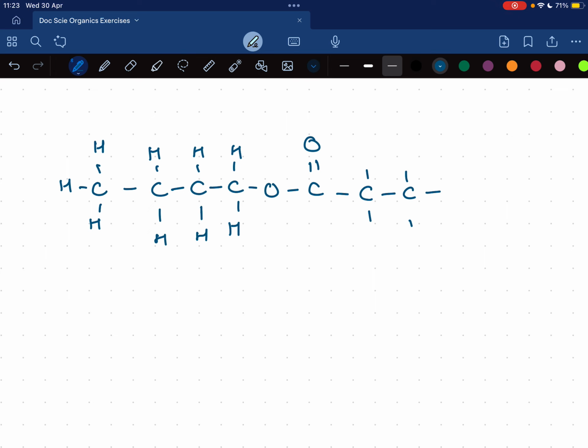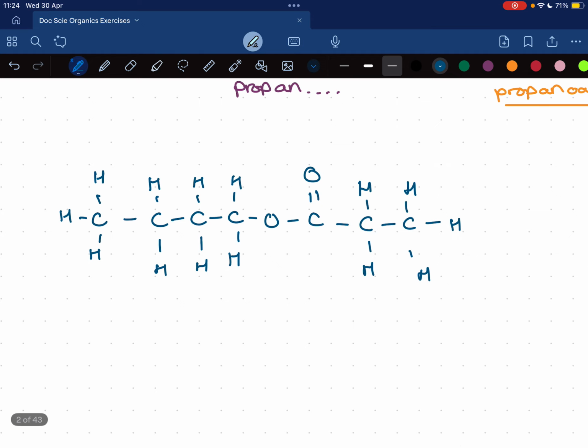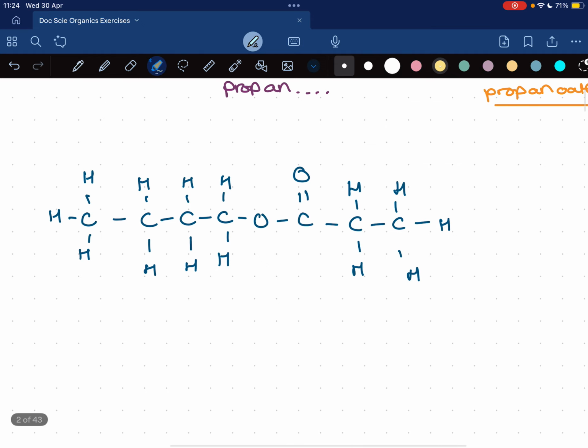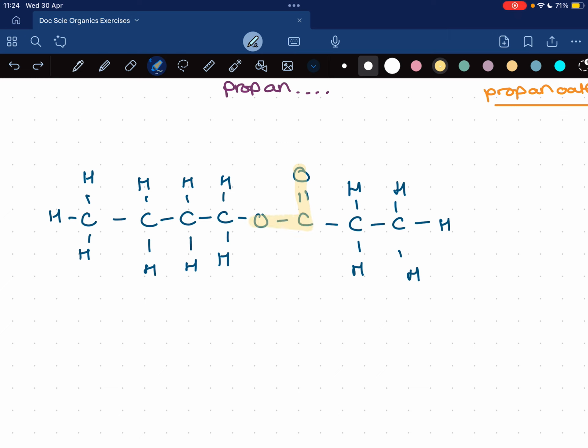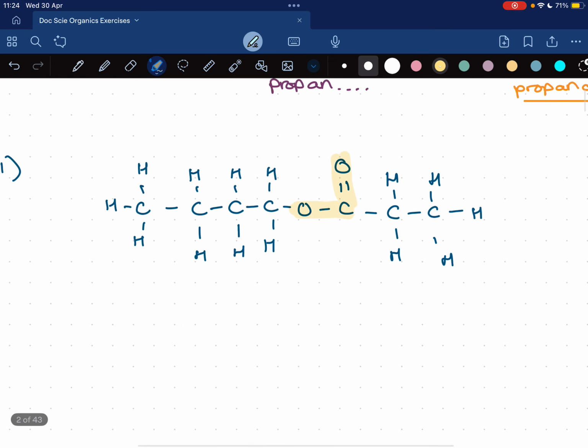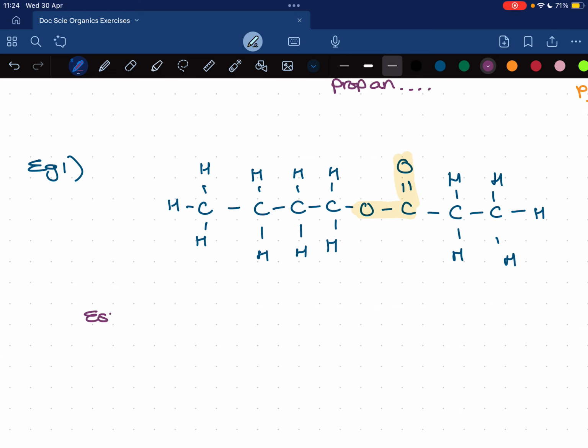The first thing that you would have to do here is, of course, identify the functional group first. If you identify the functional group, you see that there's a double bond and a single bond oxygen within the middle of this molecule. That is what we need to first recognize. So by identifying the functional group, we pick up that, okay, this is going to be an ester.